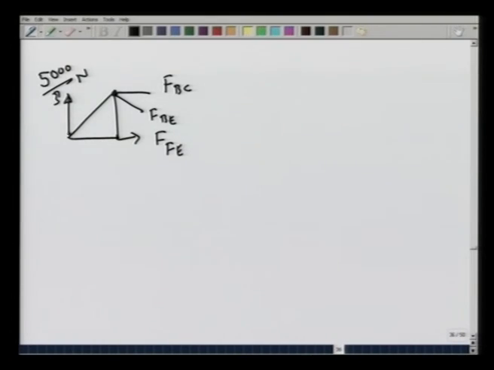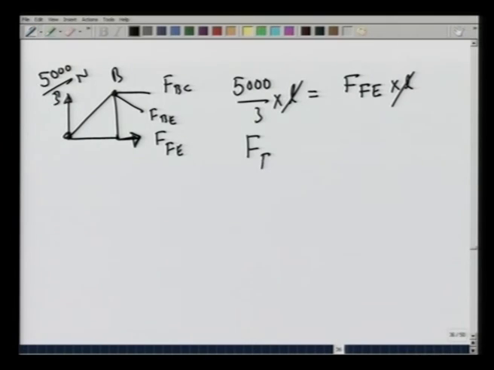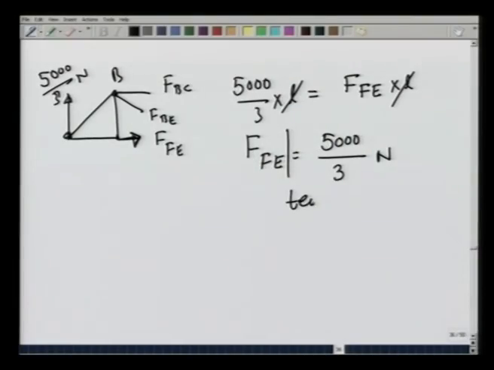Either I can take torque about this point and calculate FBC in terms of BE. Easier would be to take torque about point B and balance the torques due to FFE and 5000 over 3 newtons, and that gives me 5000 over 3 times L one way is equal to FFE, and the direction is also correct, times L, L cancels, and FFE comes out to be 5000 over 3 newtons. This is also pulling the rod, and therefore, FFE is tensile.